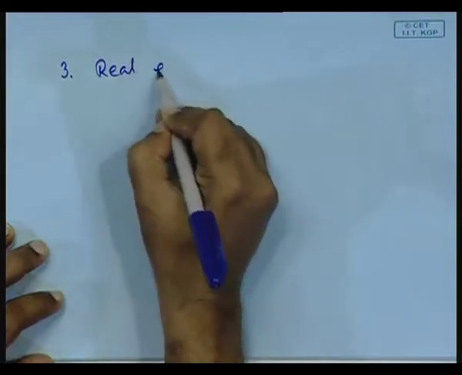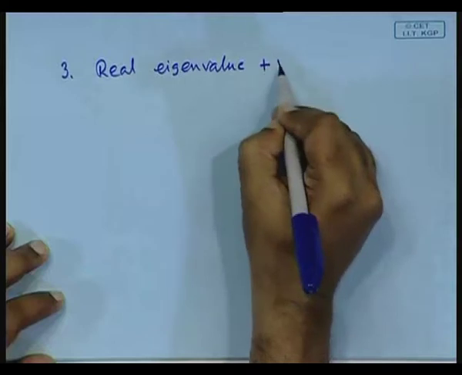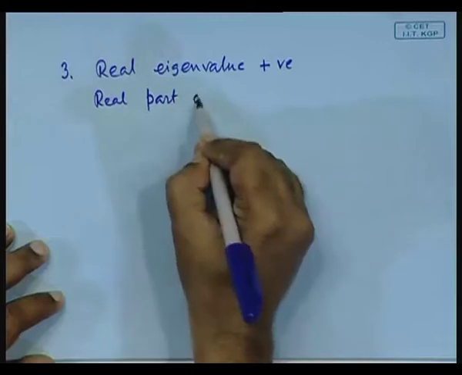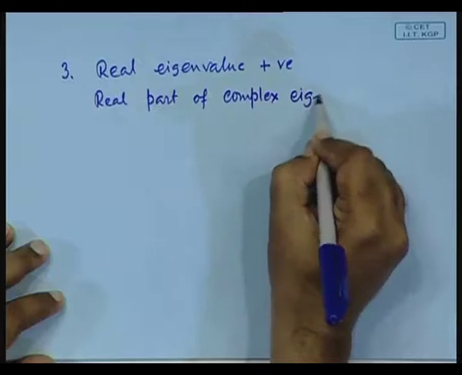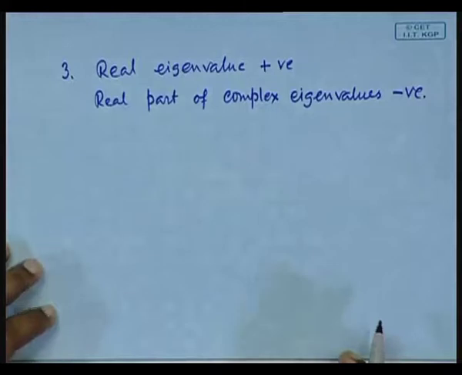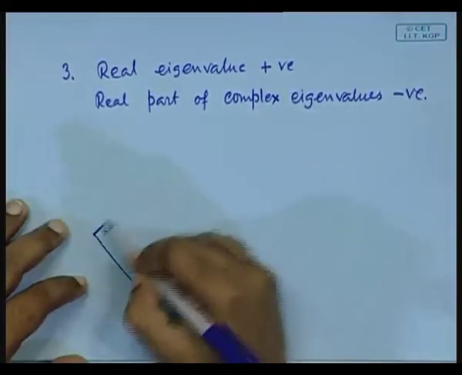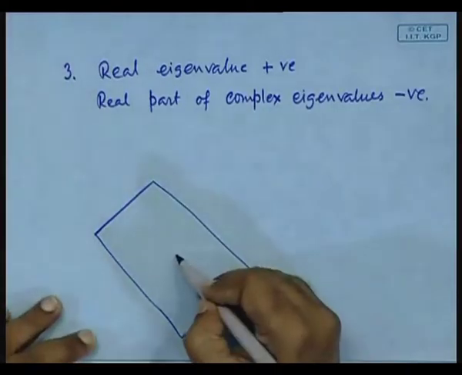Third case, real eigenvalue positive and real part of complex eigenvalues negative. In that case, what will happen? There will be a plane associated with this, and there will be a direction associated with that.